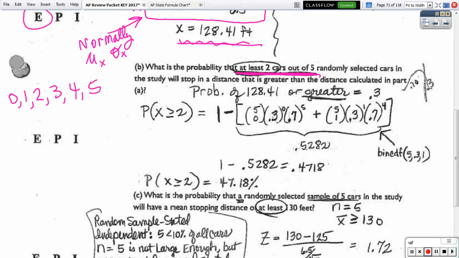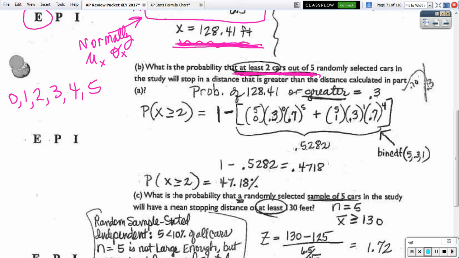By the way, binomial is appropriate because you can't have a part of a car, so it's not ideal to calculate this with a normal approximation. Feet is appropriate to be in a normal distribution because that is a continuous value. But number of cars is not. That's a discrete amount, so it's more appropriate to be binomial on this.